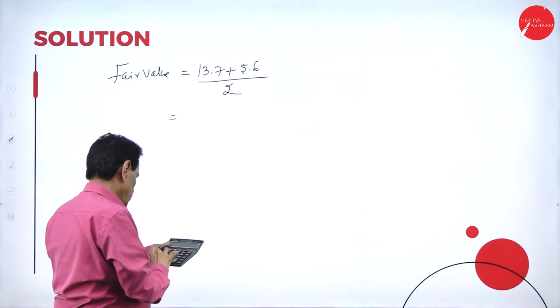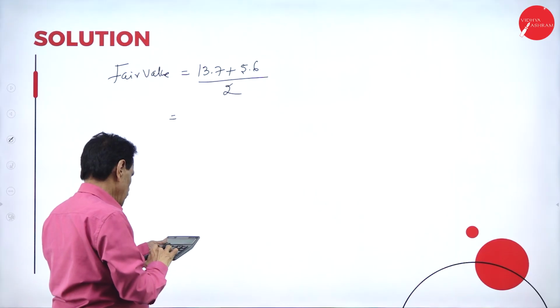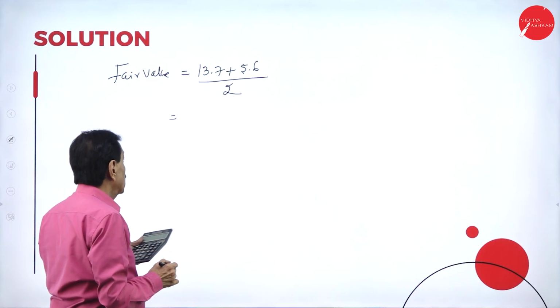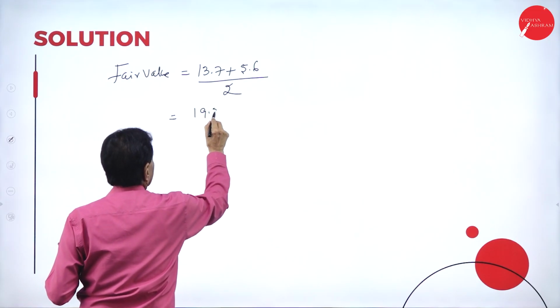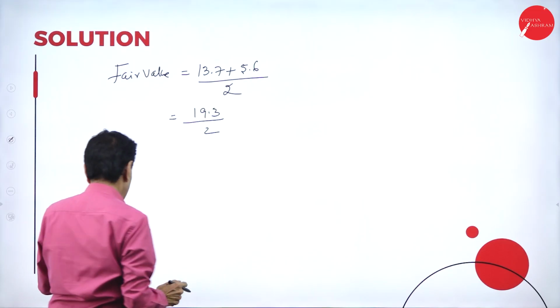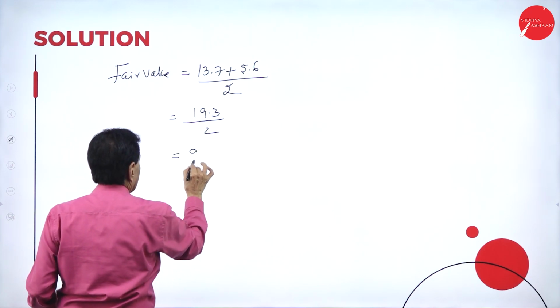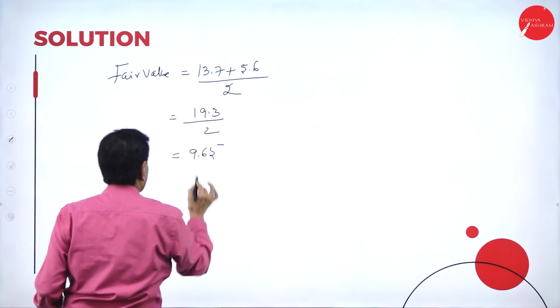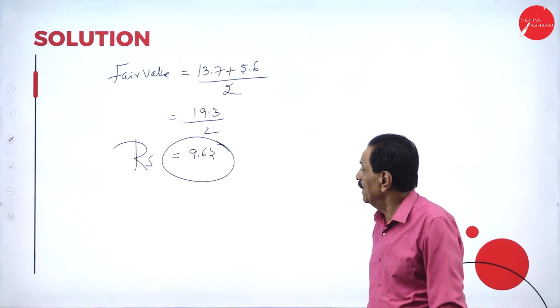This is 13.7 plus 5.6, 19.3, divided by 2, 9.65. That is the fair value.